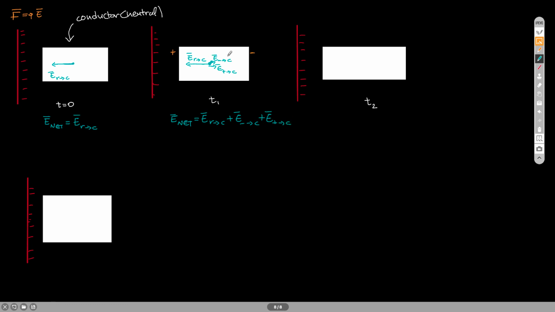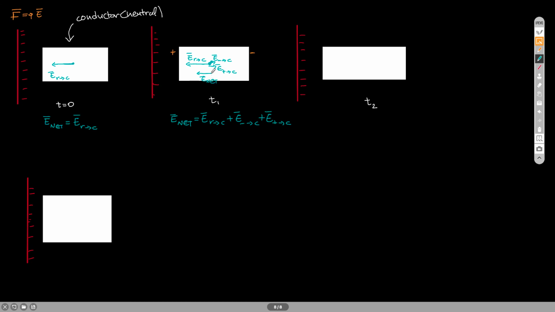And if you add all of these together, you don't get the same net electric field that you got before. If you see here, I continue to have a long arrow to the left, but now I have two short arrows to the right. And if you add everything together, you get a smaller net electric field than you did before.